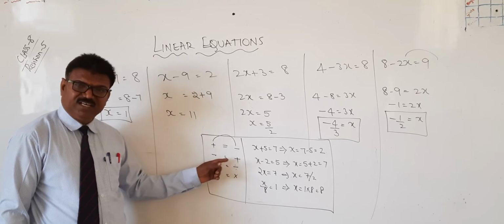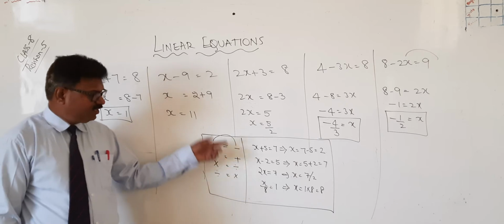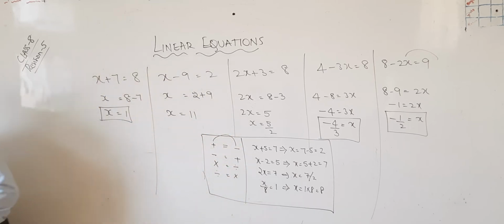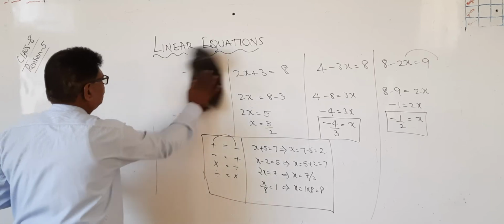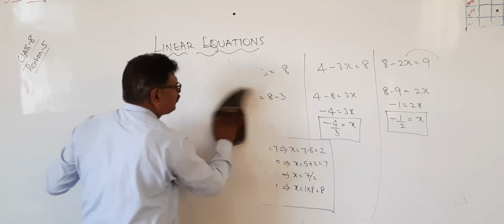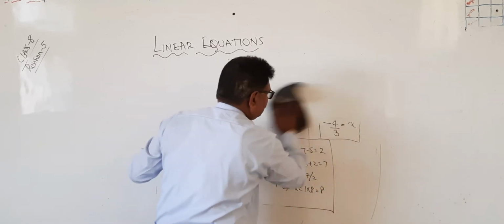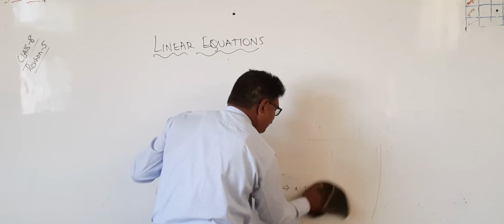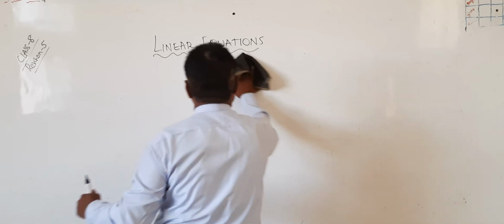Here multiplication is there, division will come. Here division is there, multiplication will come. Okay? Next we'll solve some problems on this, then you will understand all the things. So first we will solve the problems and we will see some of the applications.